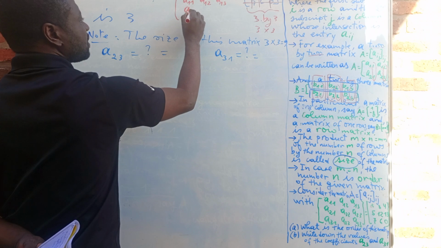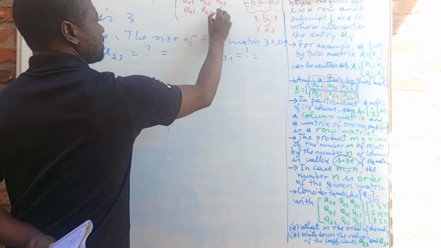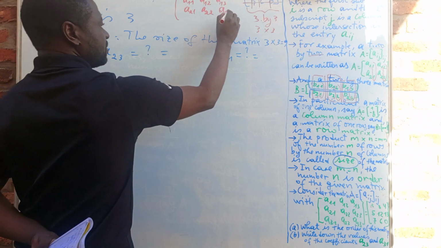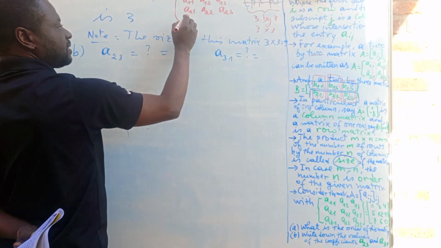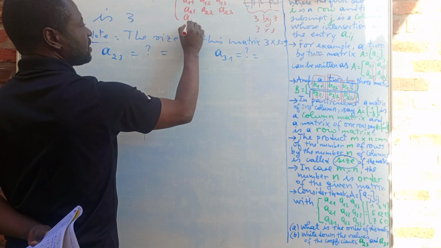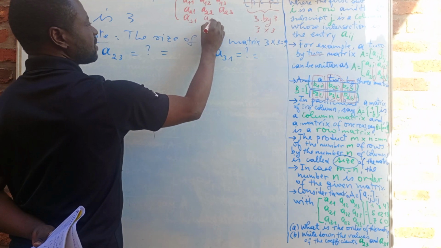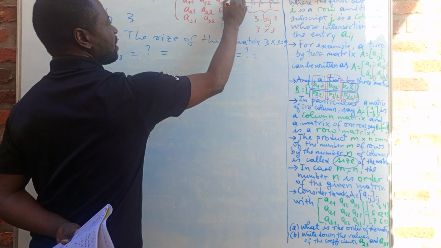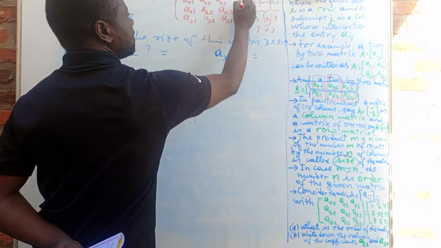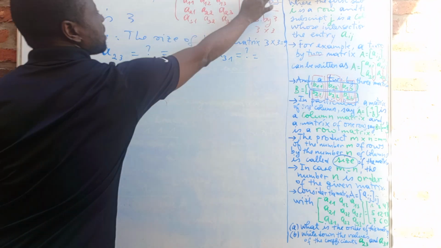Then second row, first column; second row, second column; second row, third column. Then the intersection of third row, first column; third row, second column; third row, third column. So this is the matrix, and these are its coefficients.